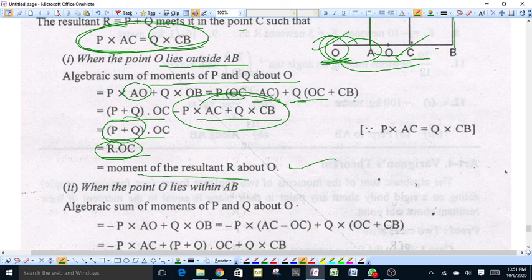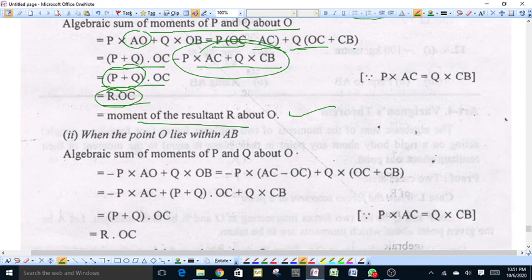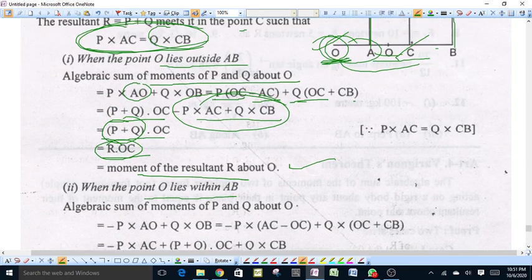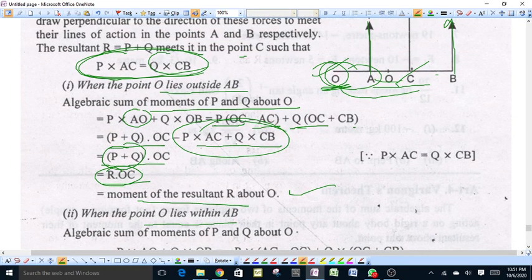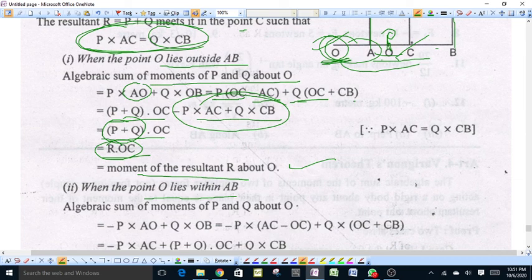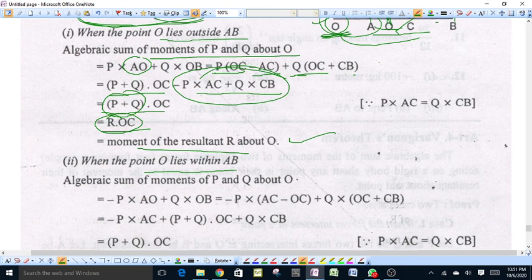Now we take the second case when point O lies within points A and B. Suppose this is the position of O. Now the algebraic sum of moments of P and Q about O will be equal to minus P into AO.